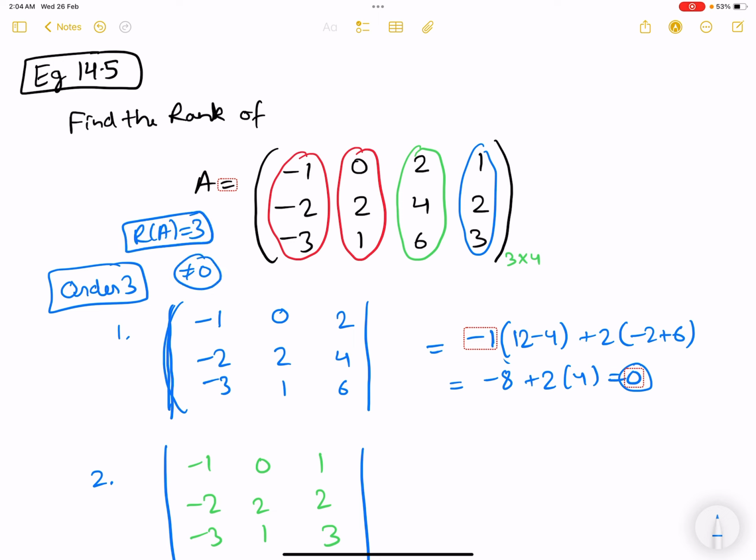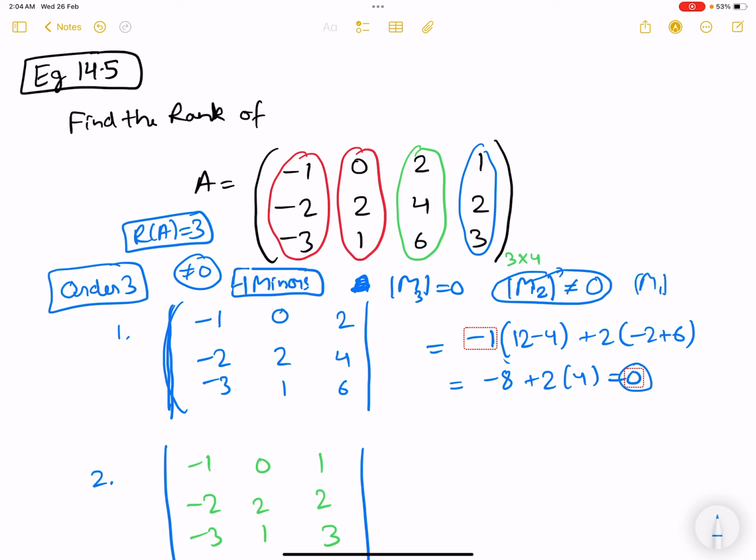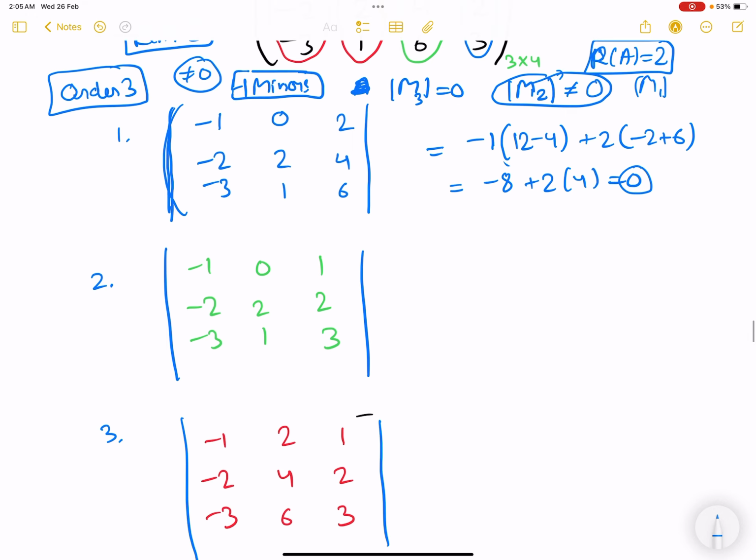But if we have, say, 4 minors of order 3, and the determinants of all of them come out to be 0, then we will check the determinants of minors of order 2. If this is also 0, then we will check order 1. But if this is not 0, then the rank of A would be 2. Okay, we checked this, it is coming out to be 0.